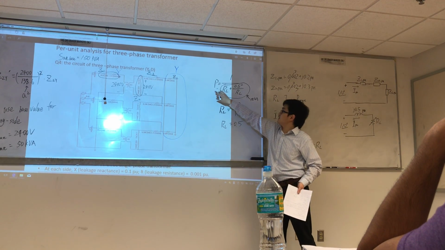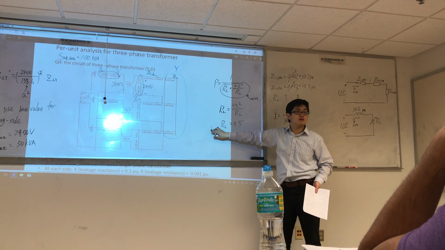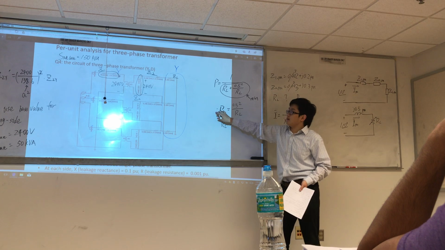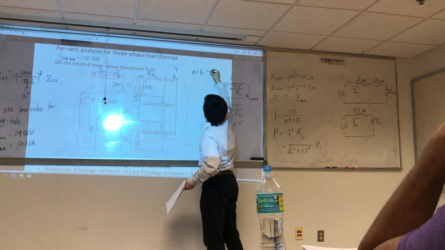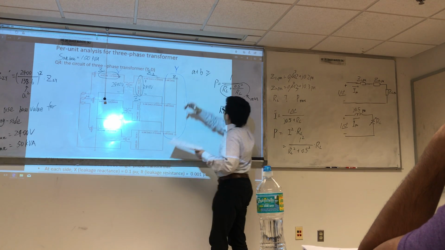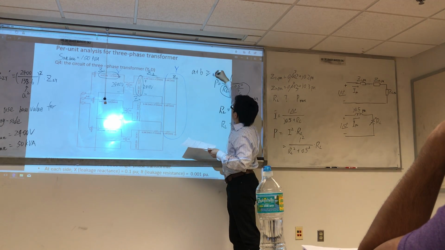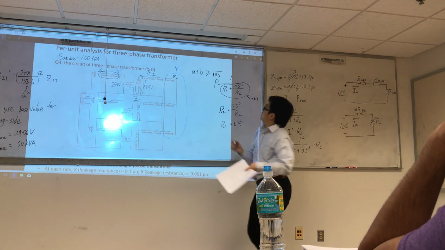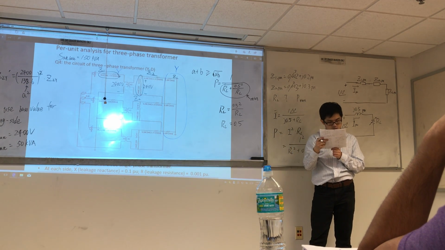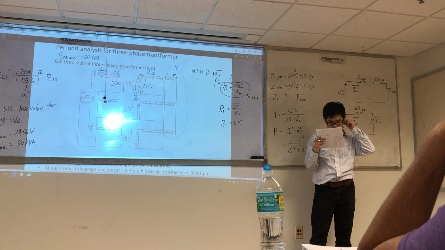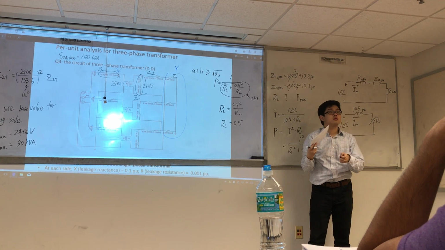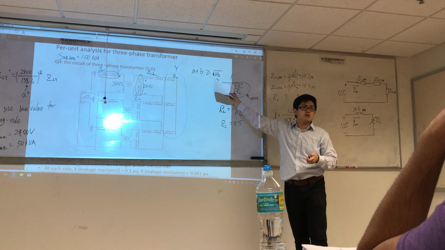Which step? From this step to this one, or this one to this one? Top to the middle. Okay. It's A plus B is equal to or larger than 2 times the square root of AB. That's this equation, and it is correct.